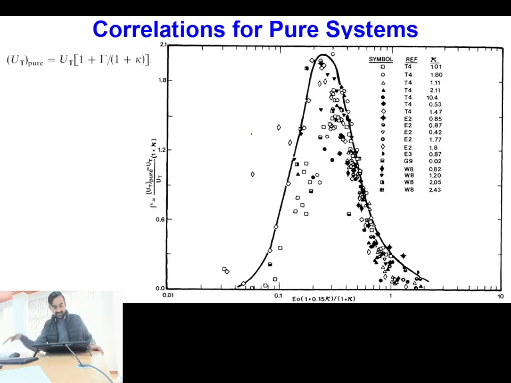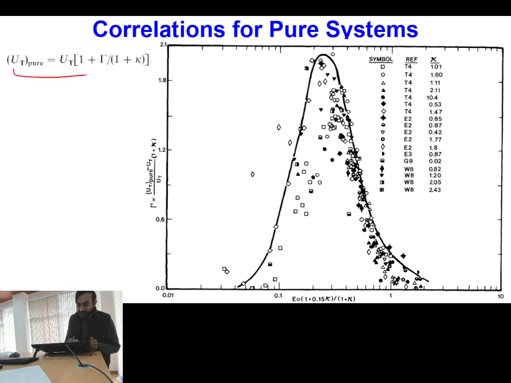Basically, these equations come from fitting the data, and this has then come out as the critical limit. And as I told you, for a pure system our terminal velocity can be given in terms of 1 plus circulation by 1 plus K. But how to calculate the value of circulation? For circulation, once again, the circulation factor is plotted as a function of the Eötvös number times some function of the viscosity ratio, and it was obtained that the majority of the data follows this particular curve.